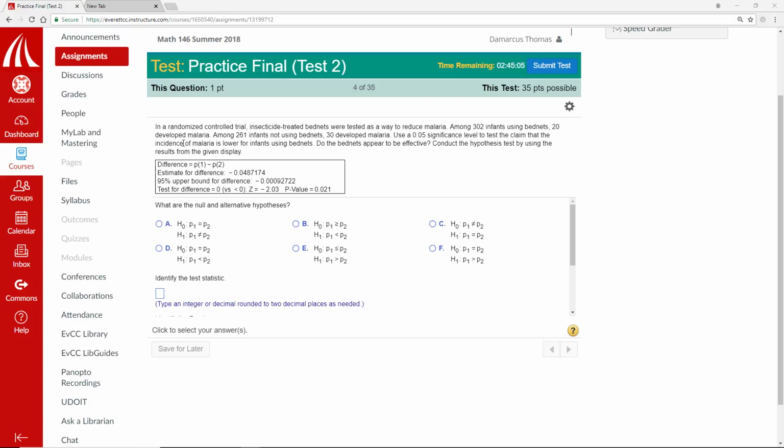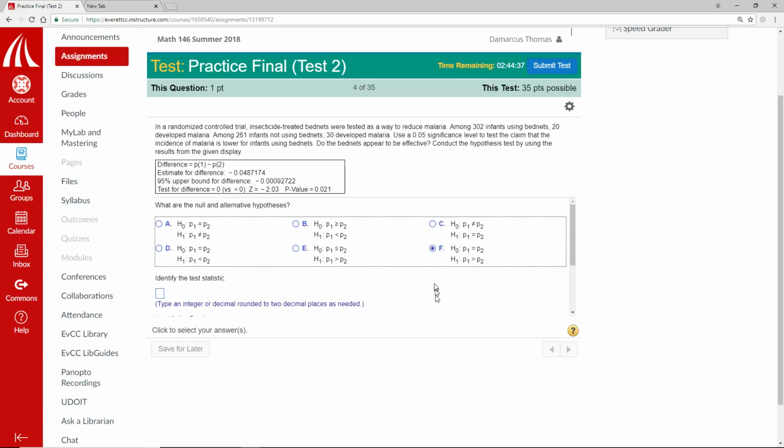And then among 260 not using it, 30 did. And then it says test the claim that the incidence of malaria is lower for infants using it. Okay. So the first population is using it.